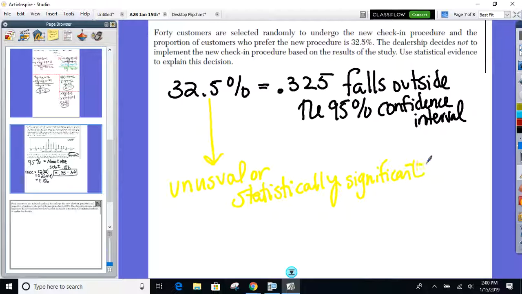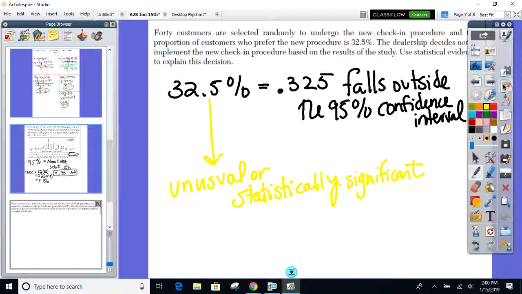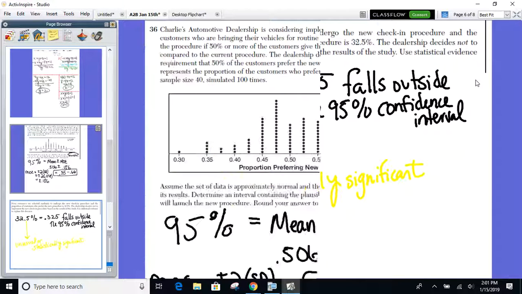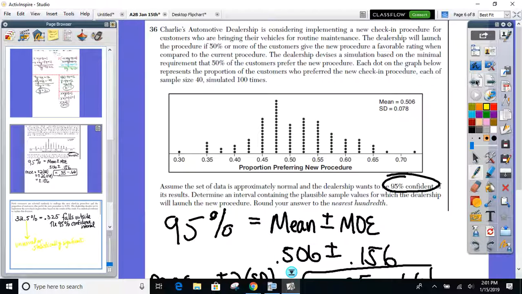And because I want to prepare you for everything, is there another way we could have determined that without using the confidence interval? Let's say we weren't required to do the confidence interval. Is there a way we could have used the dot plot to figure out it was unusual? All right, ready? 0.325. See where it fell? 0.325 right here.